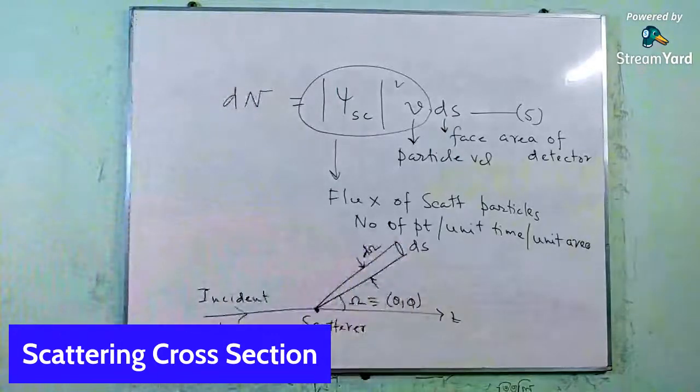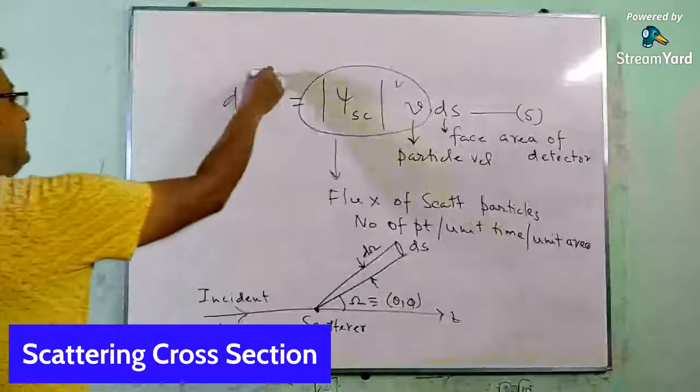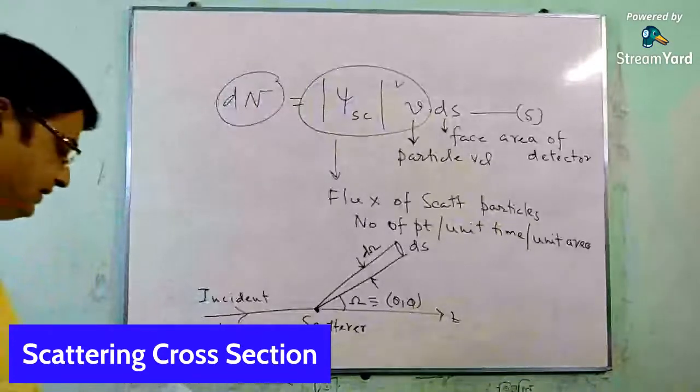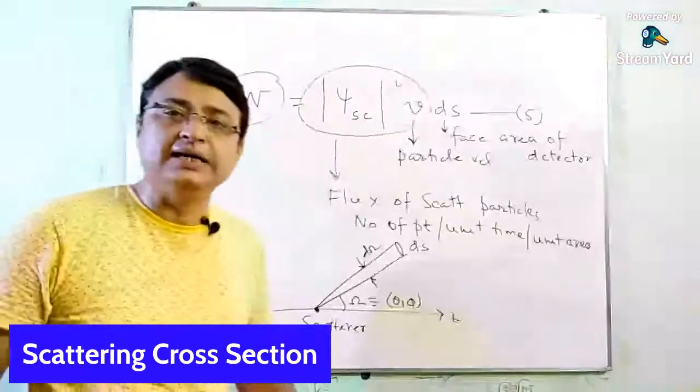Now this number dn would be proportional to the intensity I of the incident beam.